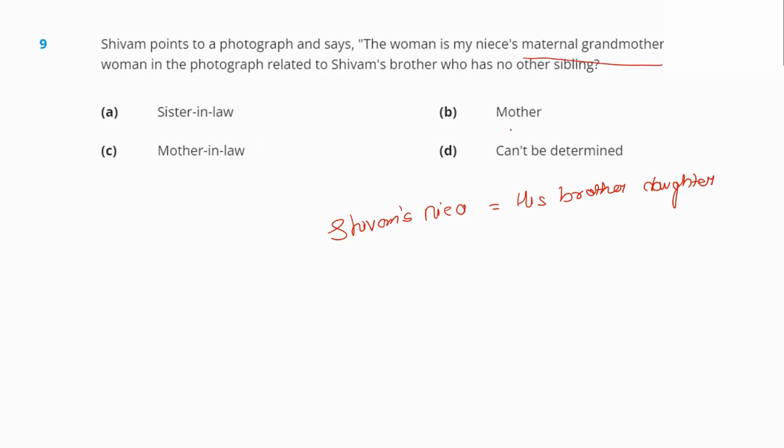Maternal grandmother, his brother's mother-in-law. So we have to find how the woman in the photograph is related to Shivam's brother. So she is Shivam's brother's mother-in-law. So our answer C is the correct answer.